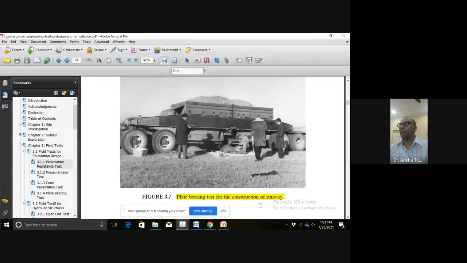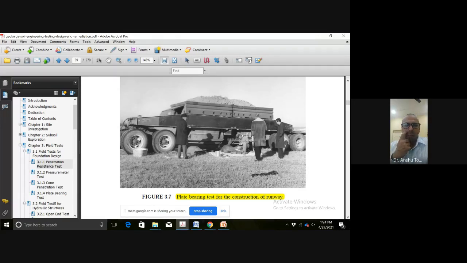This is how the plate bearing test is being done. You can see this is actually a very good system. In our college days, it used to be a temporary structure where we had a girder and a plate, a horizontal member just like a slab, and we continued to put the sacks onto the structure.